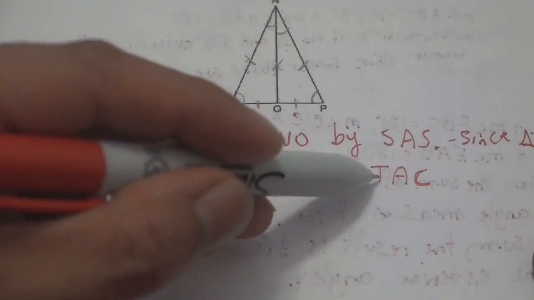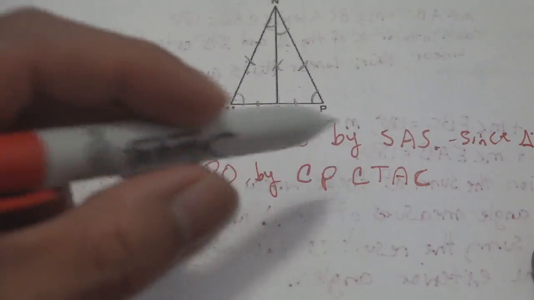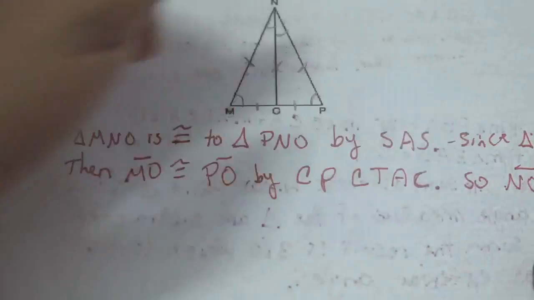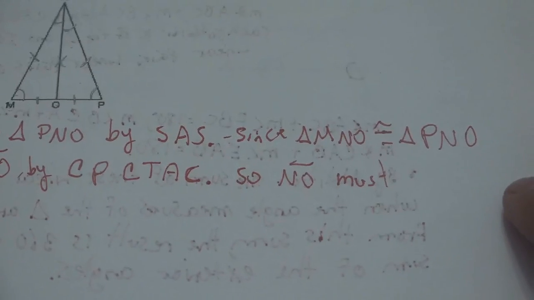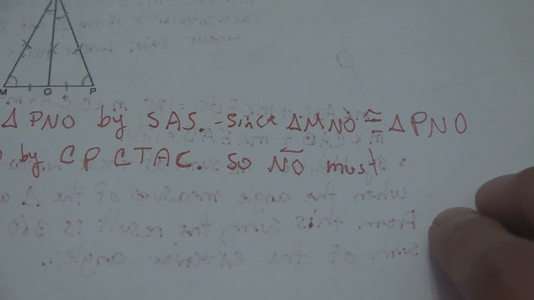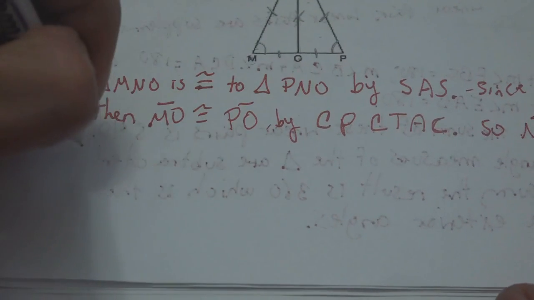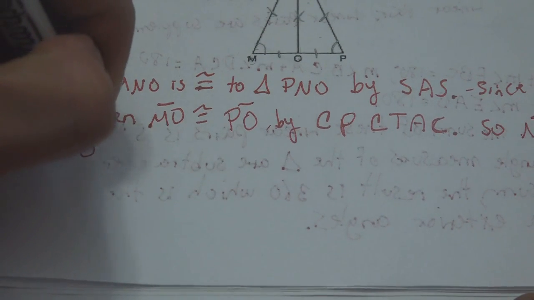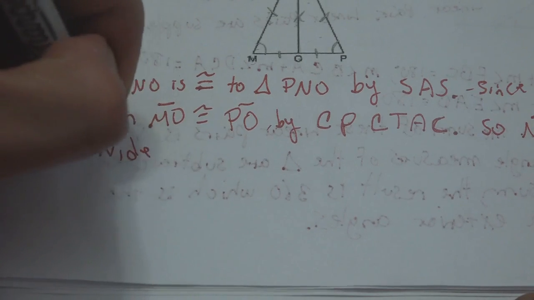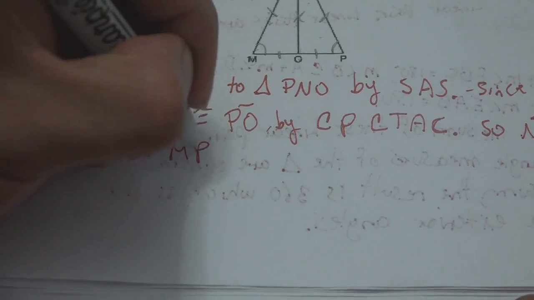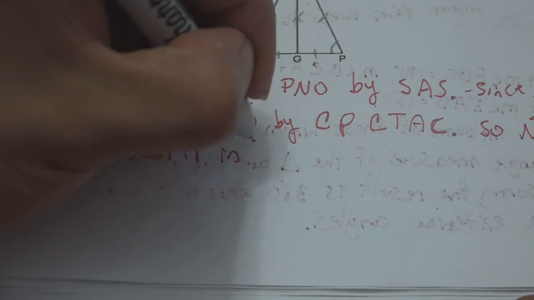Corresponding parts of congruent triangles are congruent. CPCTC, right? So therefore, segment NO must, oh my god, okay. So segment MO must, and I'm just gonna continue writing here, must divide MP in half.